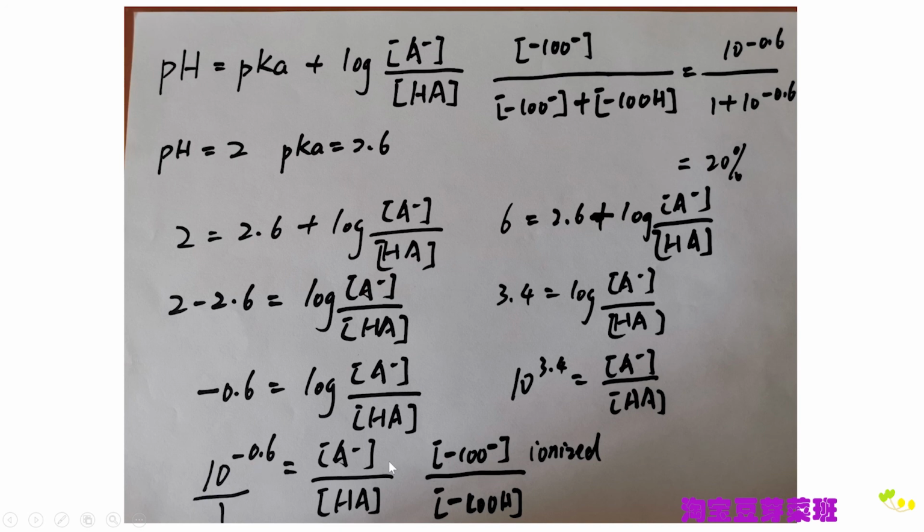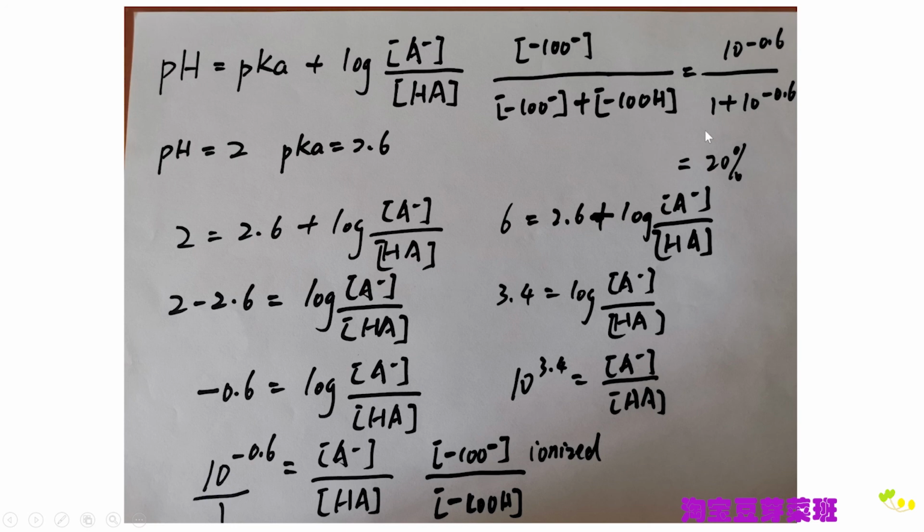But we have to figure out the proportion. The proportion is actually the carboxylate over the carboxylate plus the carboxyl group. So we have to do a rearrangement. We simply assume the concentration of carboxylate is 10 to the power of negative 0.6, and the concentration of carboxyl group is 1. Then we plug in the numbers. After the calculation, it equals 20%.